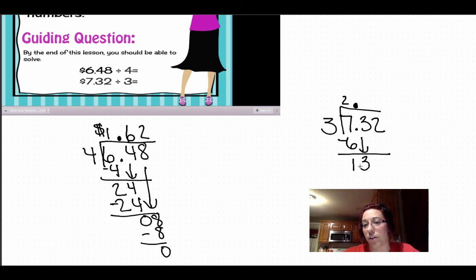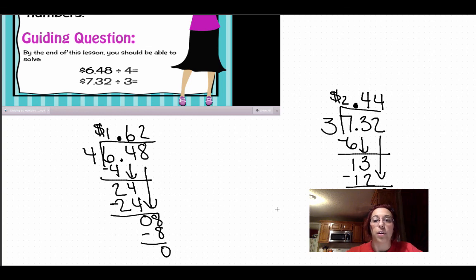Bring down our 3. 3 will go into 13. 4 times 3 is 12. 1. 2 comes down, 4, 12, 0. Our answer gets a dollar sign because we are talking about money.